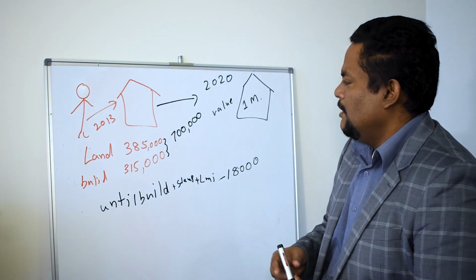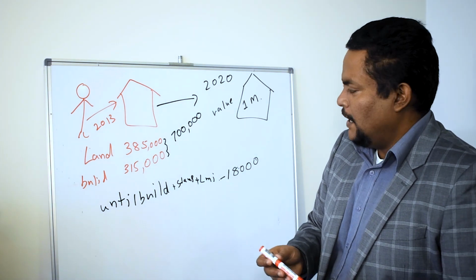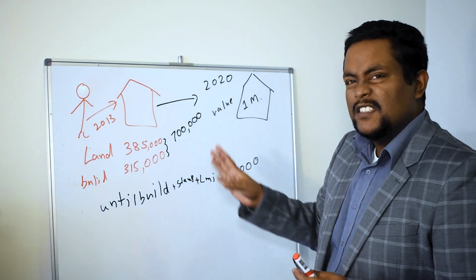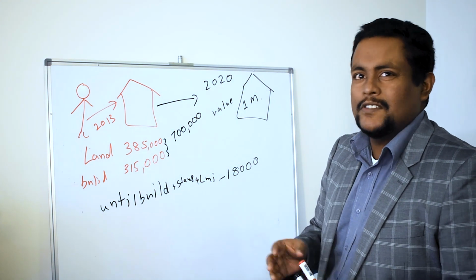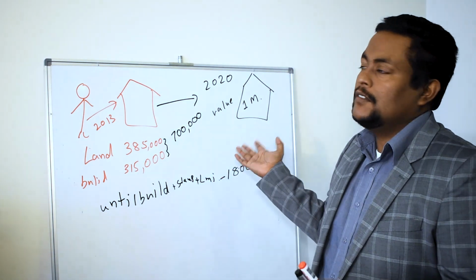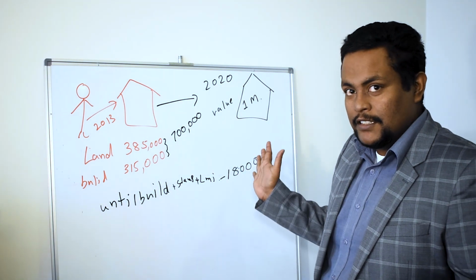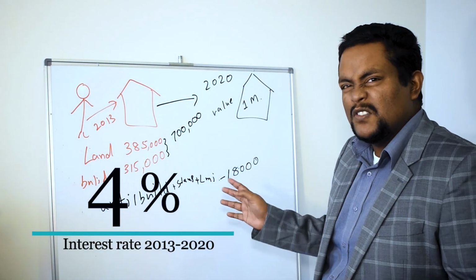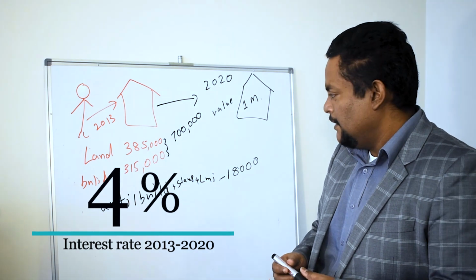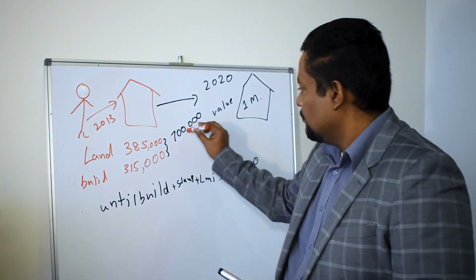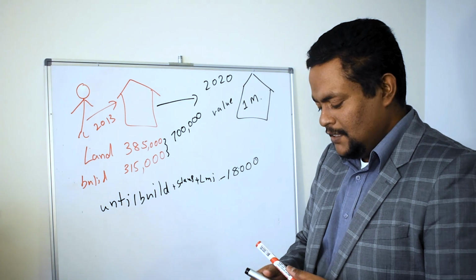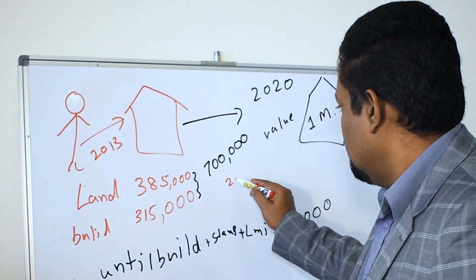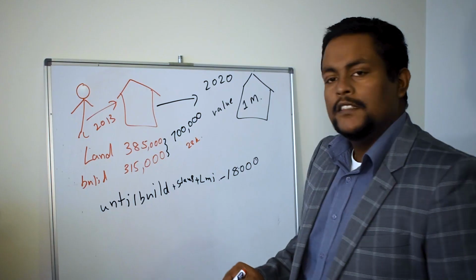And then he moved in. For 700,000, he paid interest of roughly around 4% from 2013 to 2020. It's reduced now, but earlier he was paying higher, so let's say about 4%. He paid interest only. So for 700,000, he was paying about 28,000 a year.